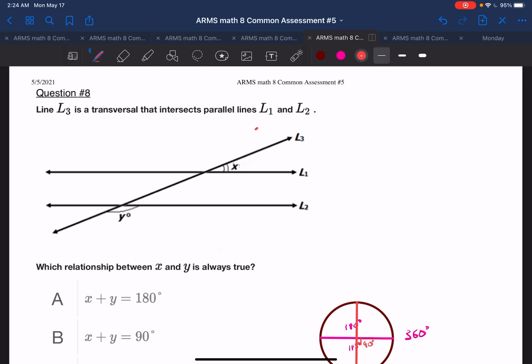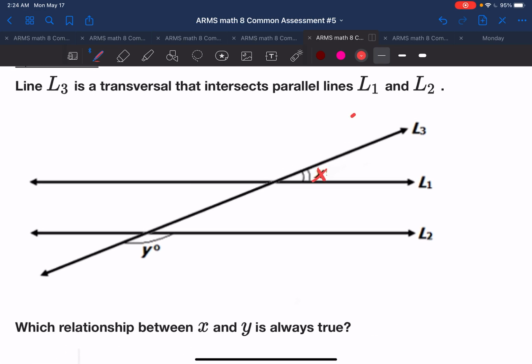So that means X and whatever you want to call this, let's call this Y, right? X and Y, right, are going to equal 180 degrees.